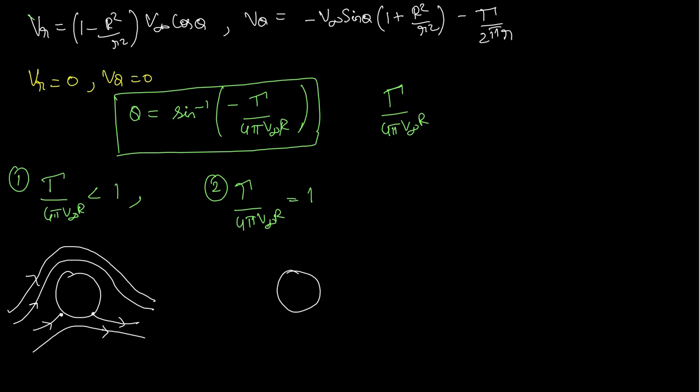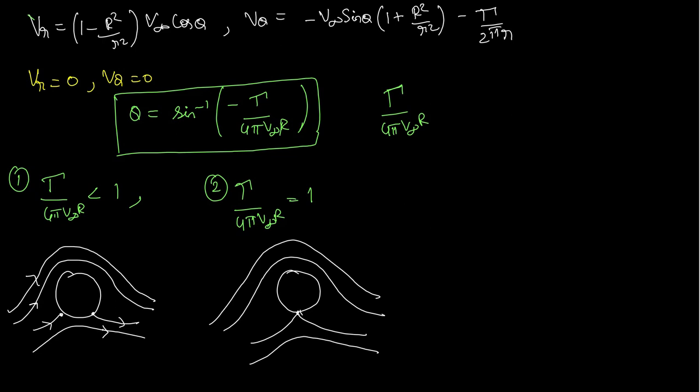We'll get only one stagnation point because it is just one single value, we don't have a second solution. So this is where the stagnation point will be, and this is how the flow looks here. So we have a single stagnation point in this case.